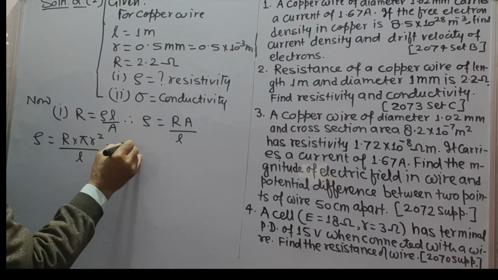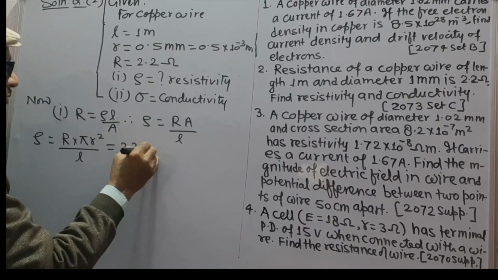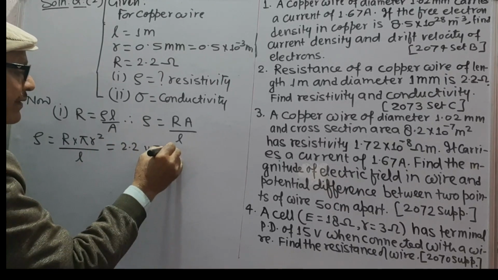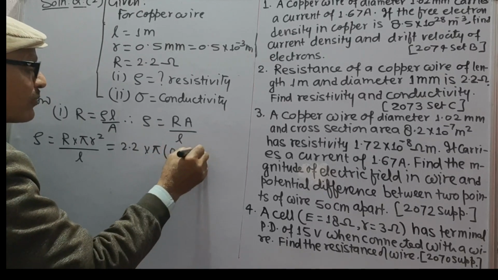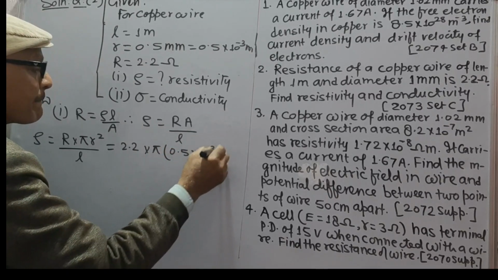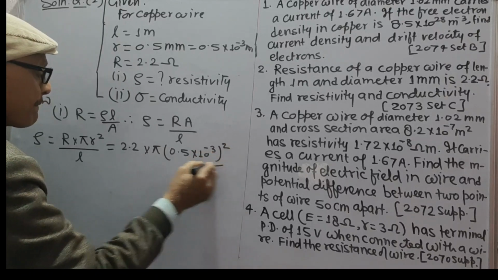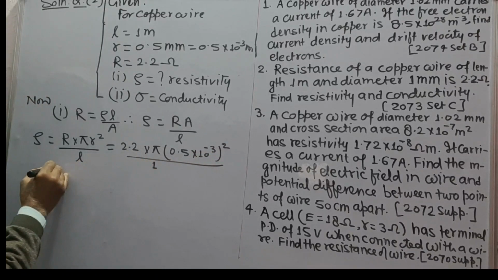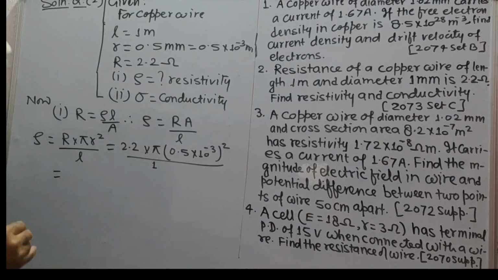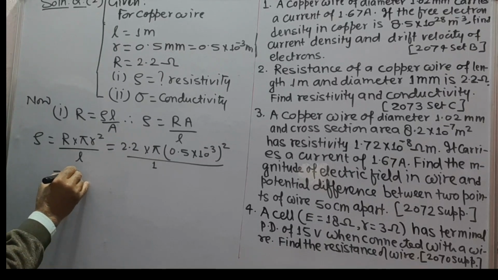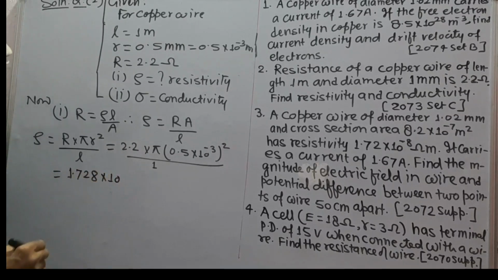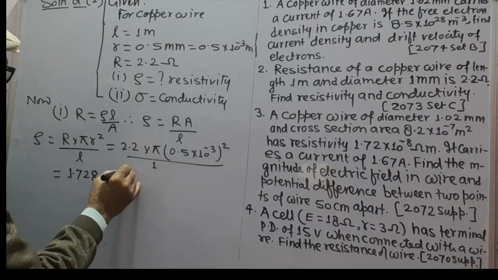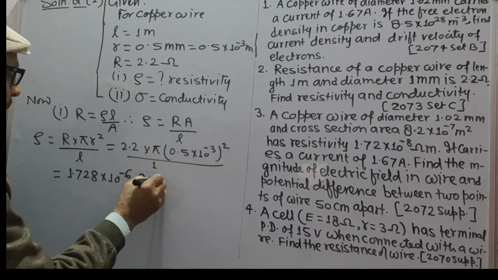R is 2.2 ohm into pi, small r is 0.5 into 10 to minus 3, its square, upon length is 1 meter. So we get rho as 1.728 into 10 to power minus 6 ohm meter.